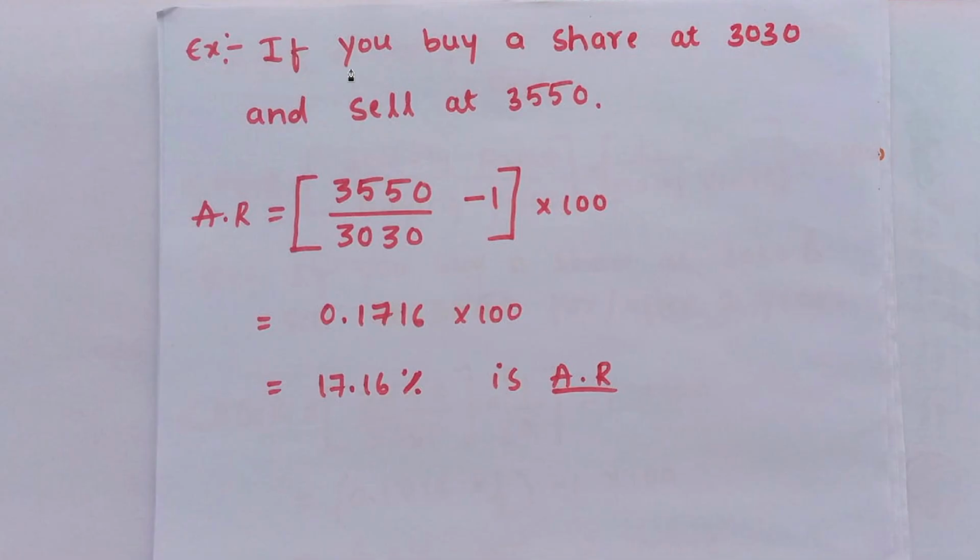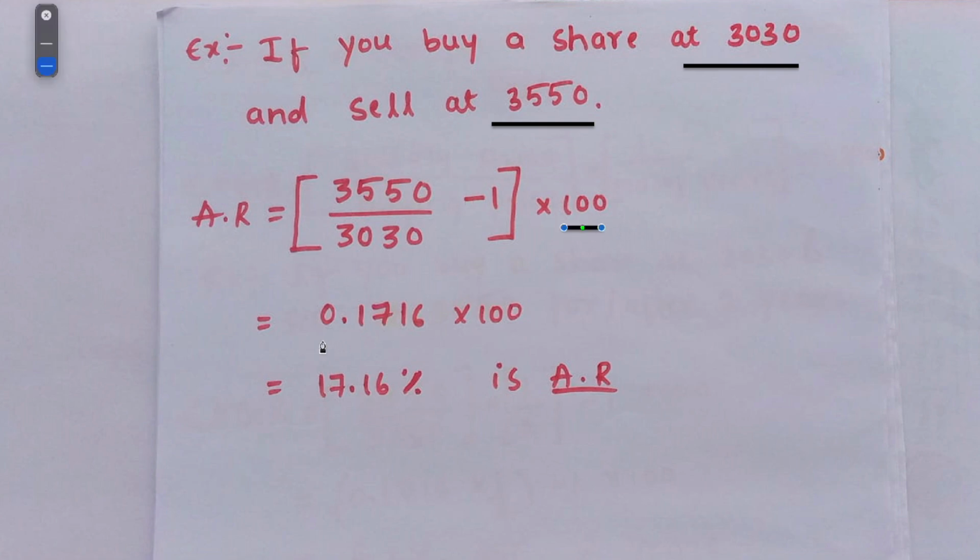If I buy a share of ABC company at 3030 rupees, and I sell that same share at 3550 rupees, we are going to learn how to calculate the absolute return for this situation. We take the selling price divided by the buying price, 3550 by 3030, minus 1, into 100.